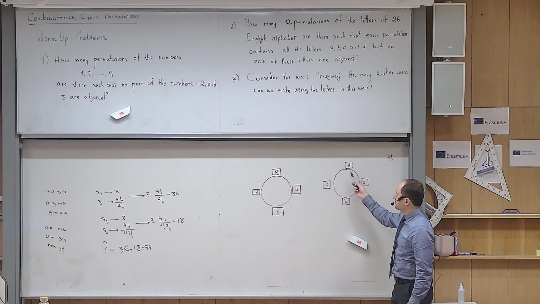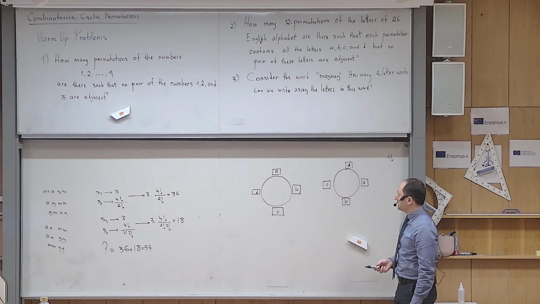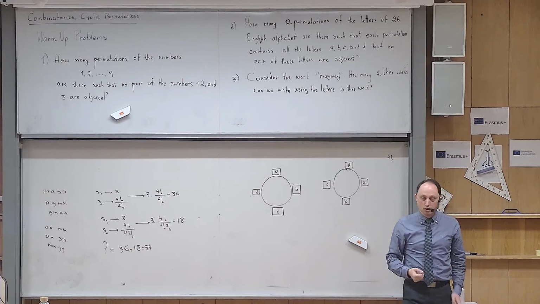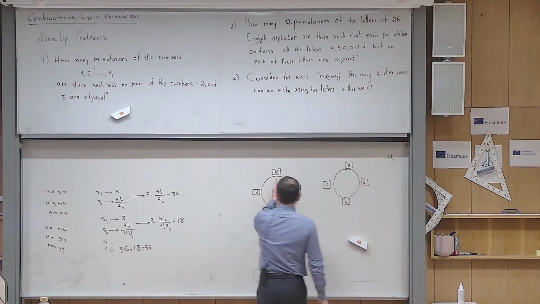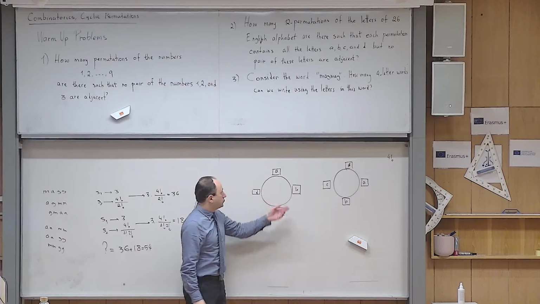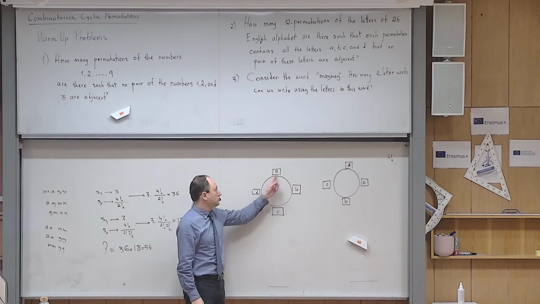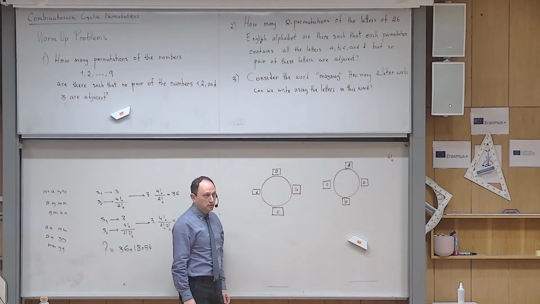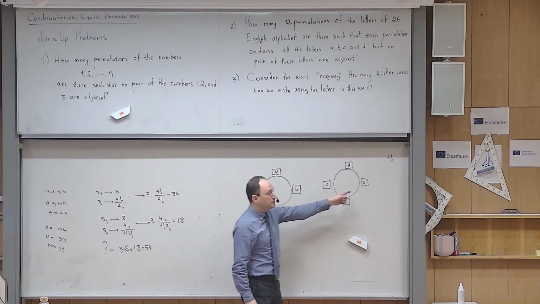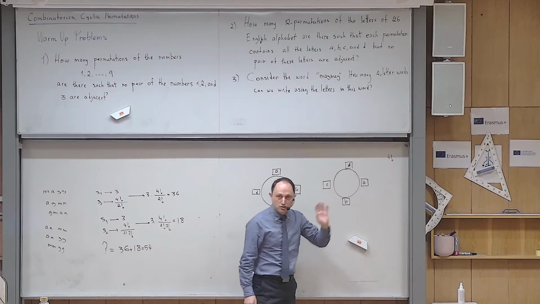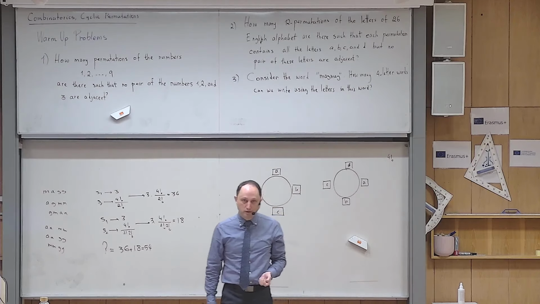They say people are sitting around the table. In how many ways can they do it? They mean this and that should be considered the same arrangement. Why? Because if I ask A, who is your right-hand neighbor? A will say D, and the left-hand neighbor is B. The same situation happens here. If you ask the same question for this arrangement, A's answers are exactly the same as before.